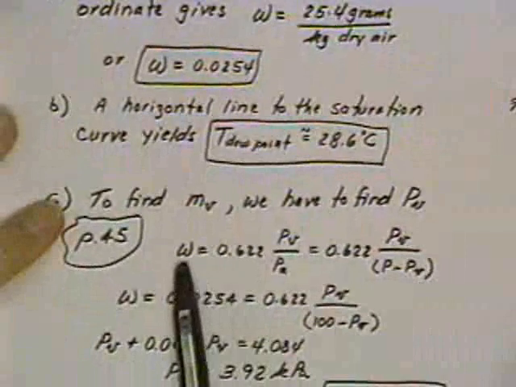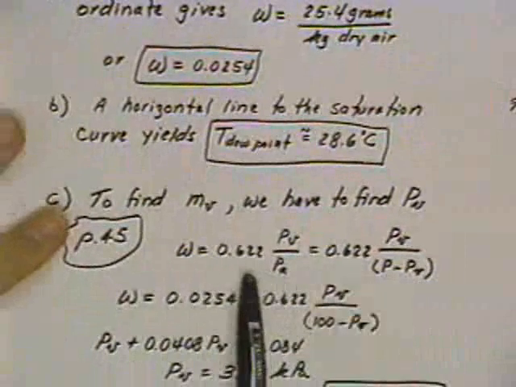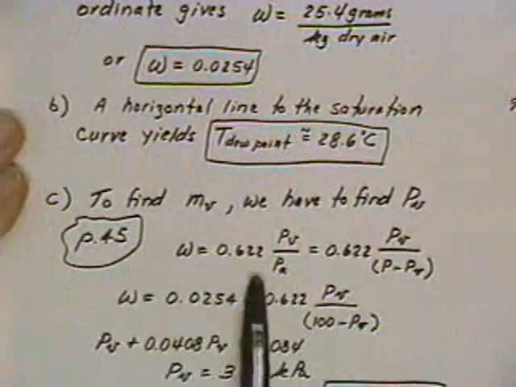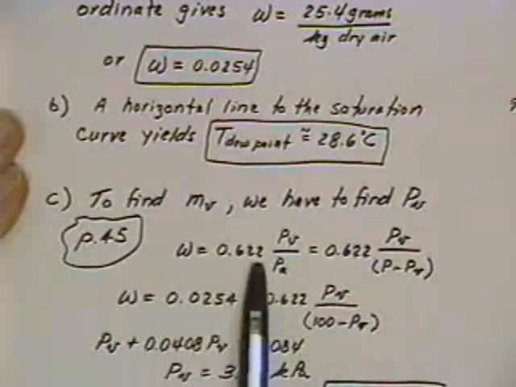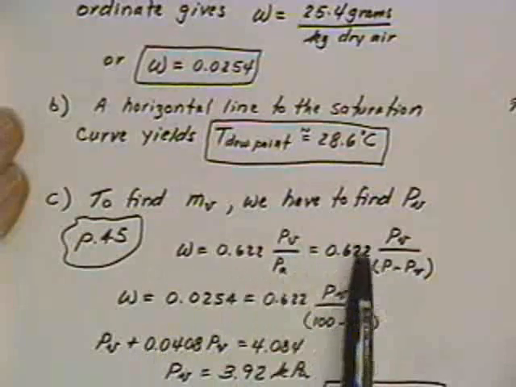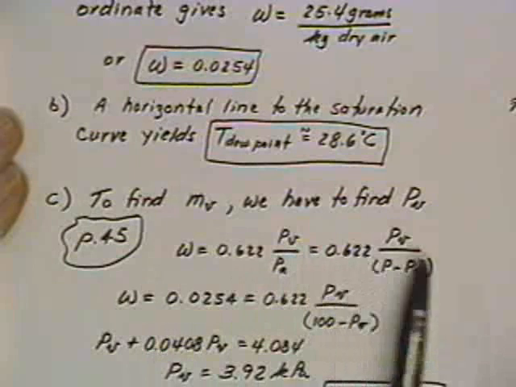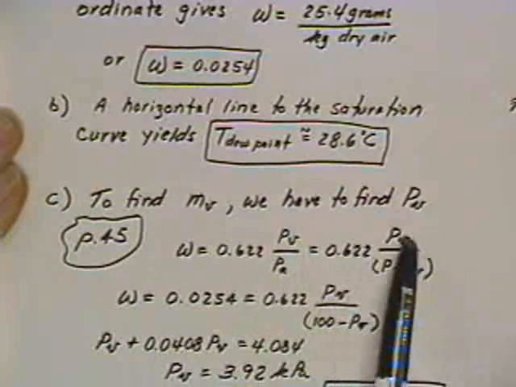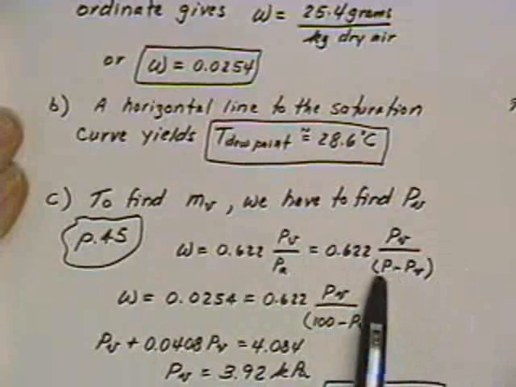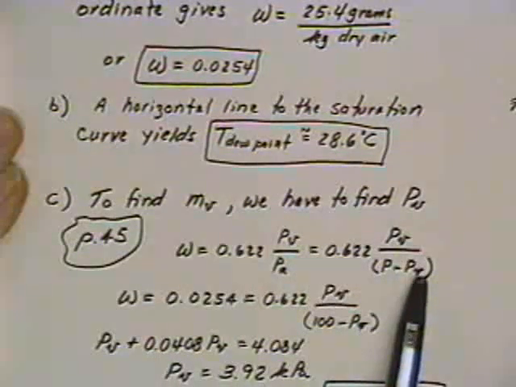So we've got an expression that says omega is equal to 0.622, that's on page 45 under psychometric relations. Omega is 0.622 times the pressure of the vapor over the pressure of the dry air. Of course, the pressure of dry air is just the total pressure minus the pressure of the vapor.